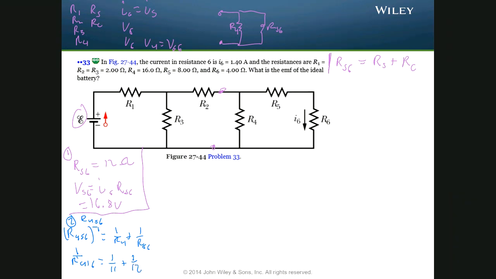All right, so 1 divided by 12 plus 1 divided by 16, and then 1 over that.